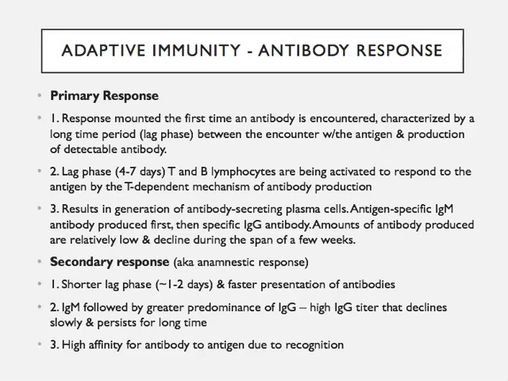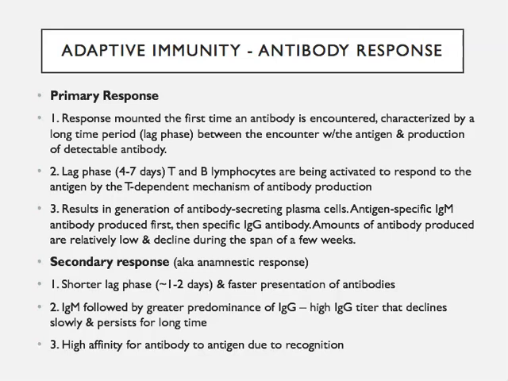T and B lymphocytes are being activated to respond to the antigen by the T-dependent mechanism of antibody production. This results in the generation of antibody-secreting plasma cells. Antigen-specific IgM antibody is produced first, then specific IgG antibody. The amounts of the antibody produced are relatively low.